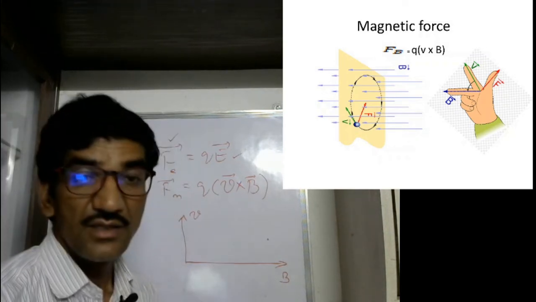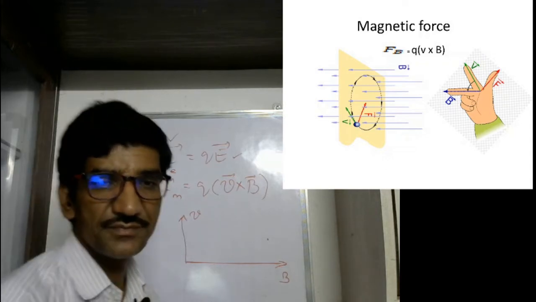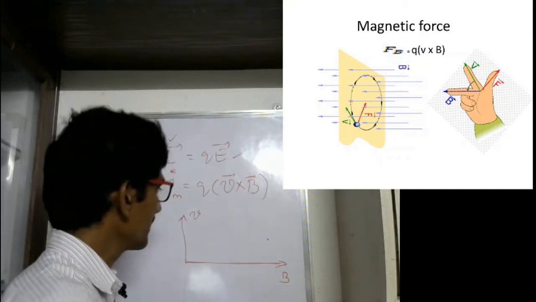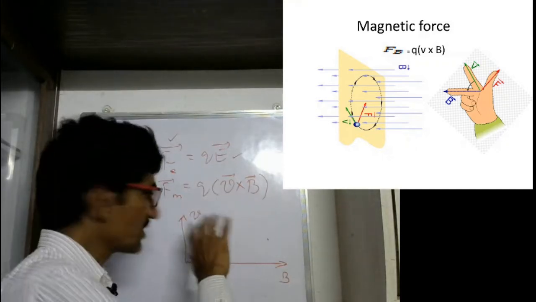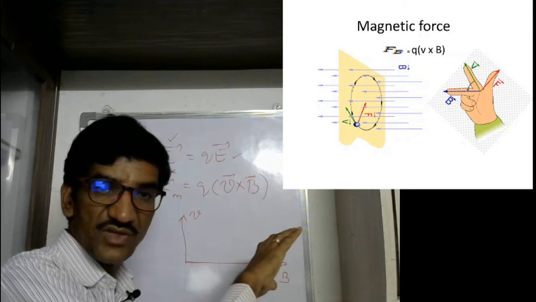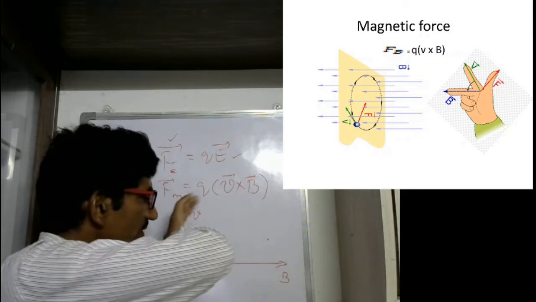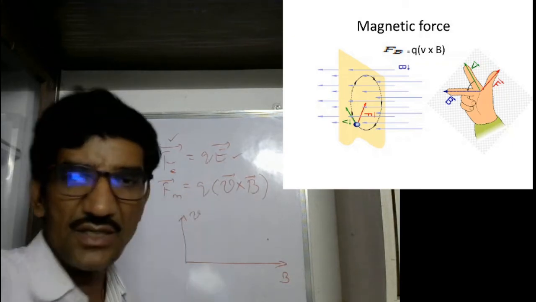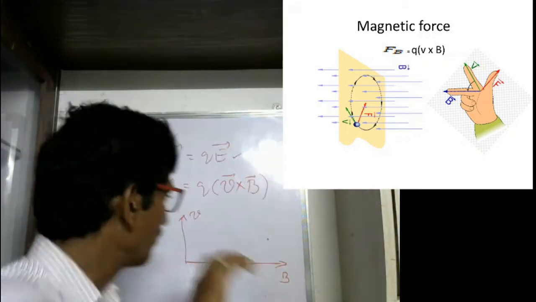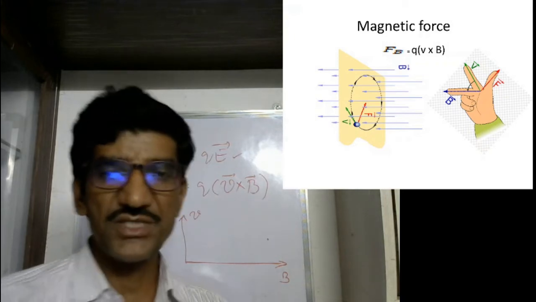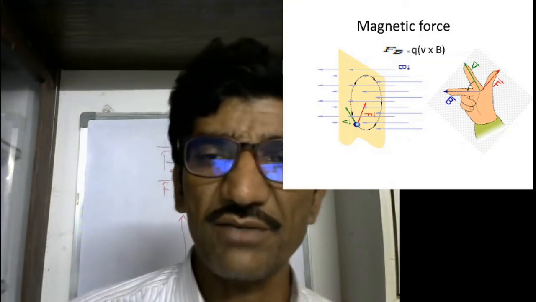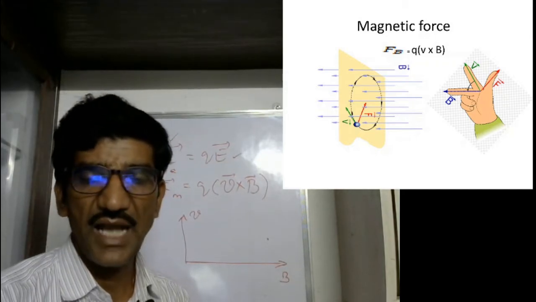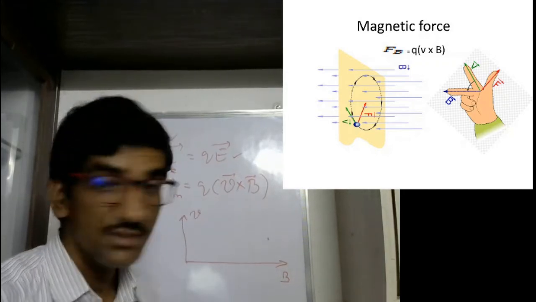The magnetic force direction will be given by your thumb. You see here you are bringing this V vector onto the B vector. So in this case your thumb is pointing inside of the bowl. So in this way we can find the direction of the magnetic force acting on the charged particle.